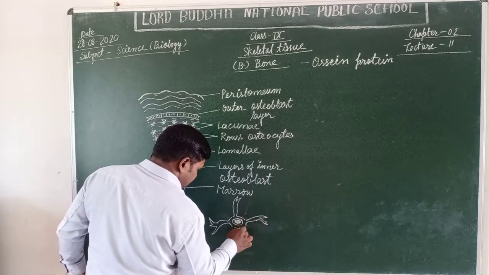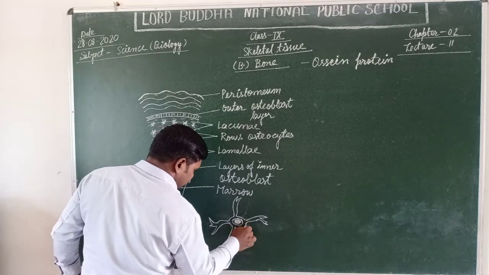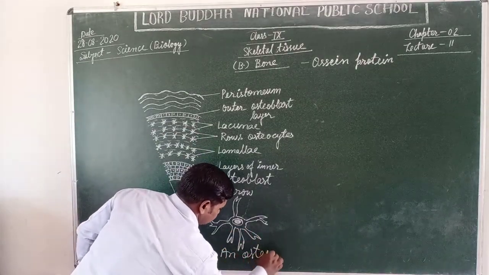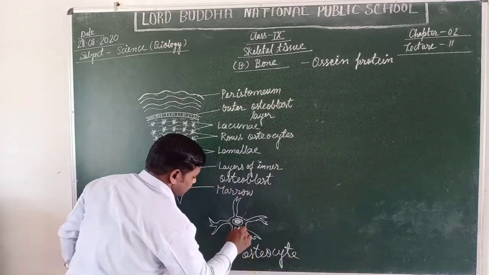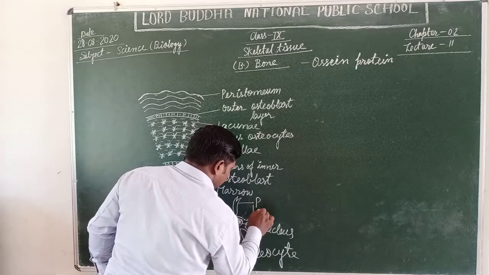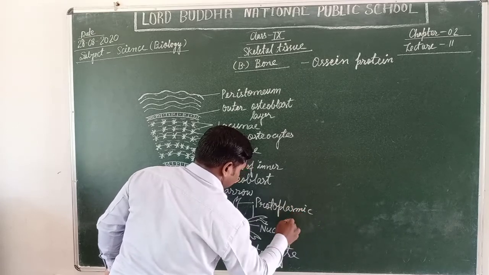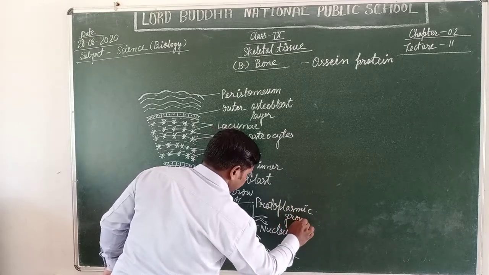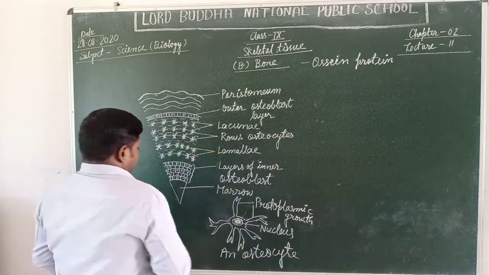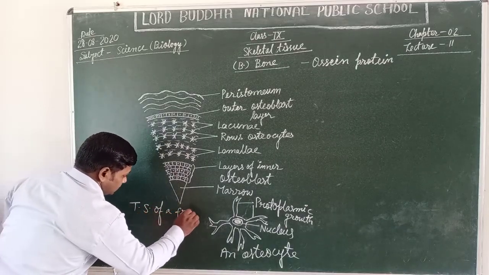This is the structure of a single osteocyte cell. This is its nucleus and protoplasmic growth, or you can say protoplasmic fibers. This is the TS of a frog bone.